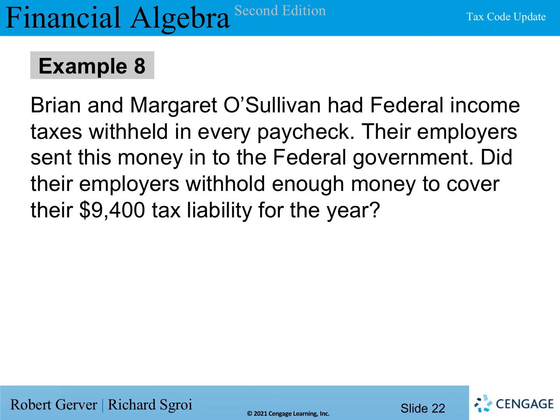Now, as is typical, Brian and Margaret had tax withheld from every paycheck. So their employer withheld tax from their paychecks each time they got paid. Now, we want to know, did their employers withhold enough money to cover their $9,400 tax liability for the year? So they owe $9,400, but how much was actually withheld from their paychecks?